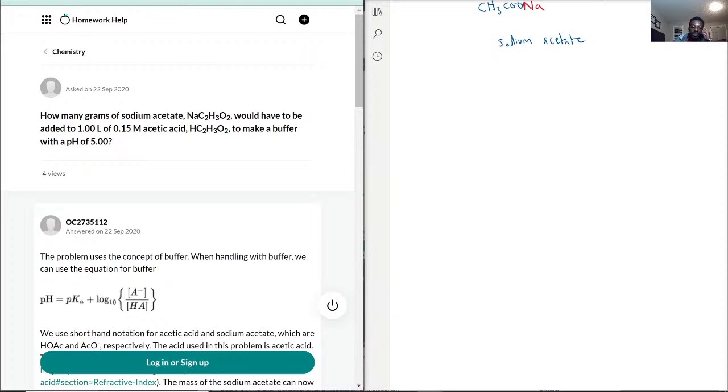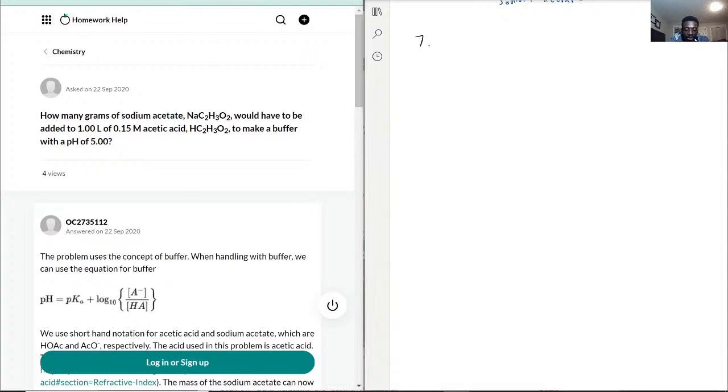Okay, so now this is definitely a question. It's asking how many grams of sodium acetate, NaC2H3O2, has to be added to 1 liter of acetic acid. Oh, nice.